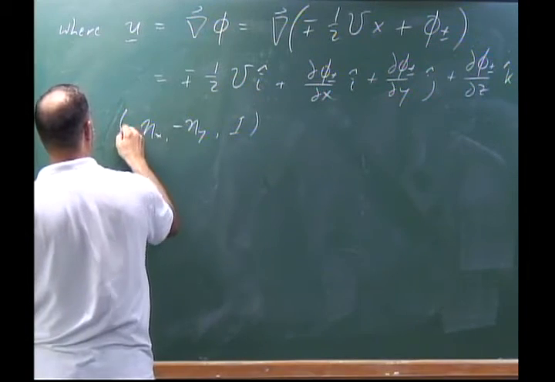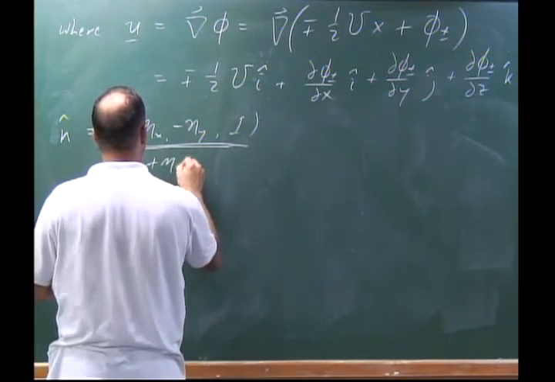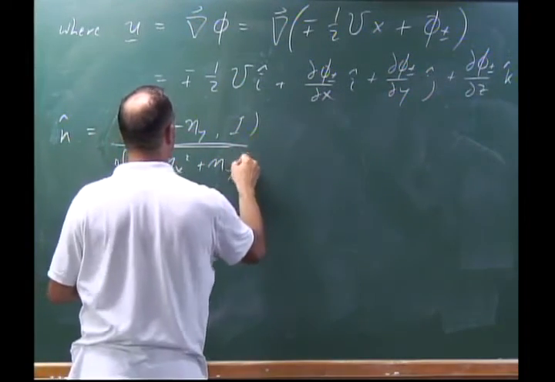So this is divided by the square root of 1 plus nu x squared plus nu y squared.